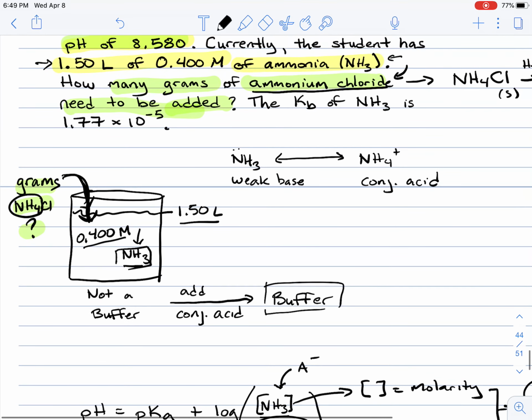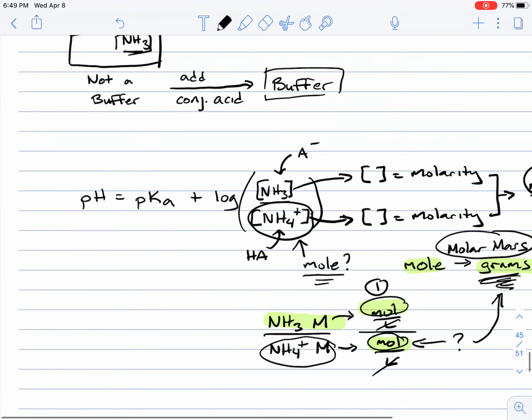According to the problem, we have 0.400 molar concentration of ammonia, and the current volume is 1.50 liters. If you multiply these two values, the value that we're going to get is in mole units. Okay.